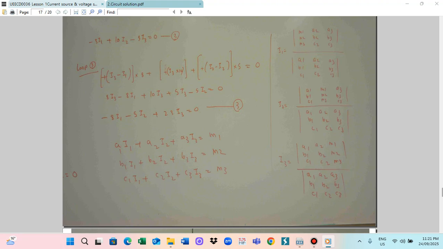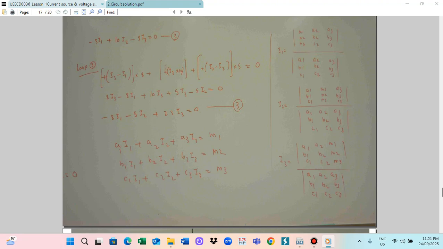That way we get the third equation. With these three equations we will find the currents I1, I2, I3.